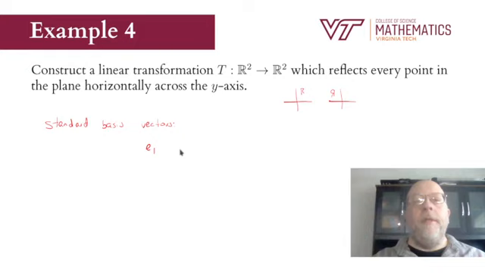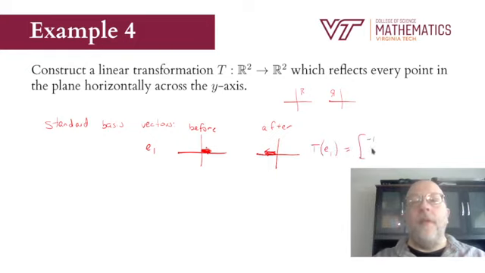E1 is just 1 unit to the right. But after we reflect it horizontally across the y-axis, it's pointing over here. And so the transformed version of E1 is the vector -1, 0.